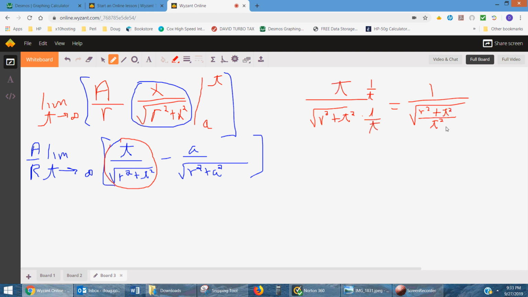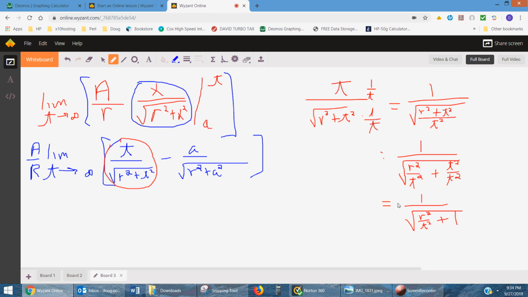Because if I take the square root of the t squared, I'll get 1 over t on the outside. And now I can rewrite that as 1 over the square root of r squared over t squared plus t squared over t squared, which is just 1. So I've got 1 over the square root of r squared over t squared plus 1.